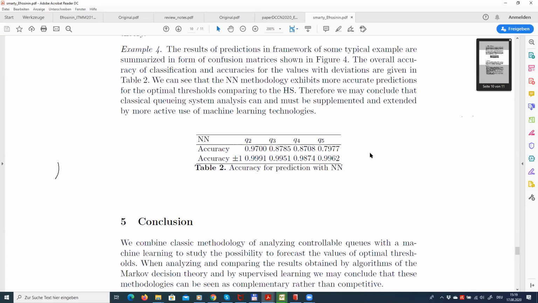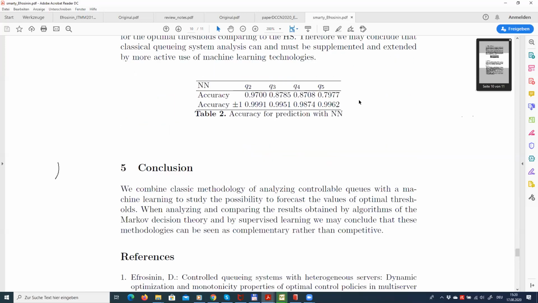We have tried the algorithm. This algorithm was run many times on samples and networks with different sizes. And in all cases, the results were quite positive and indicate the potential of machine learning methodology for optimization problems in the QN theory.